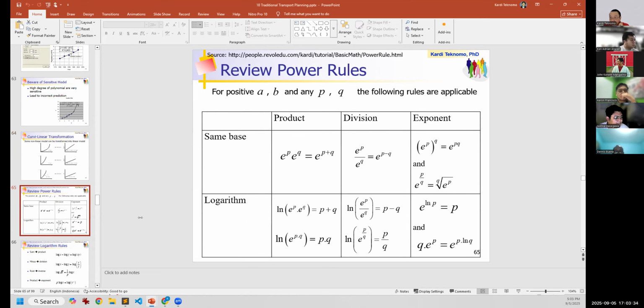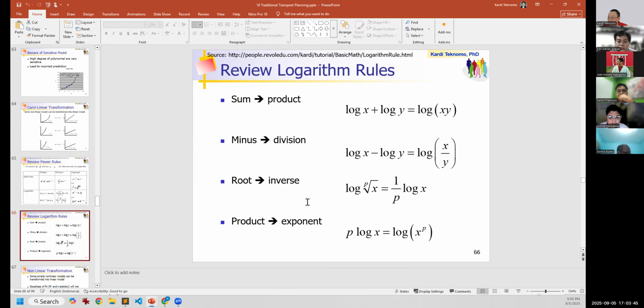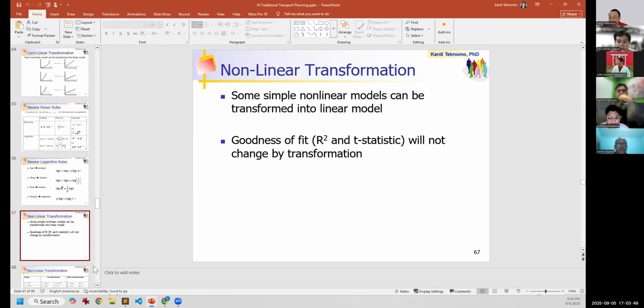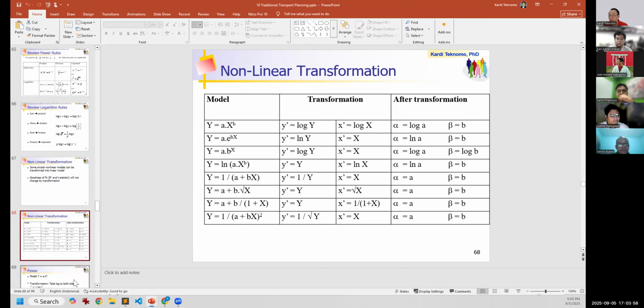Now, I ask you to review the power rules and logarithm rule. I hope you still remember. Today we will discuss nonlinear transformation. I know in Excel you can do certain models, for example a power model, exponential model, and so on.